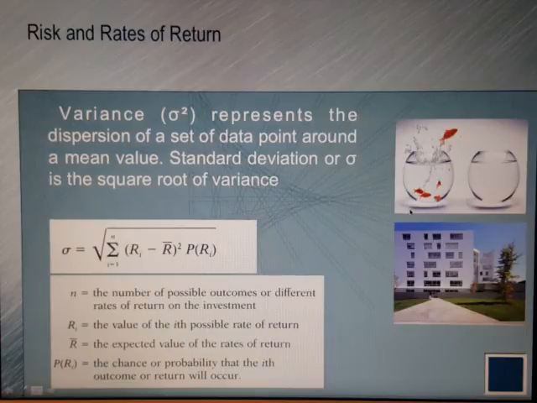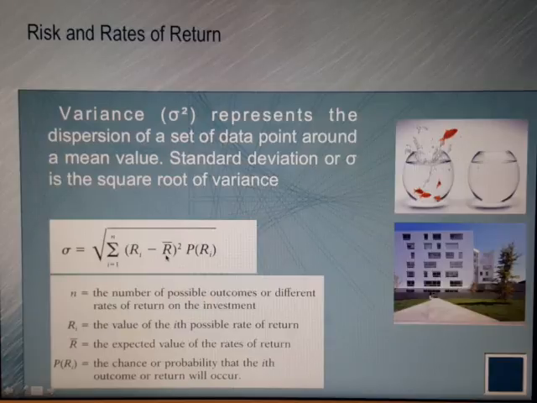Remember, we have to calculate variance before standard deviation. Variance is given by sigma squared, and after you calculate variance, you have to square root it to get standard deviation. This is the formula for standard deviation.